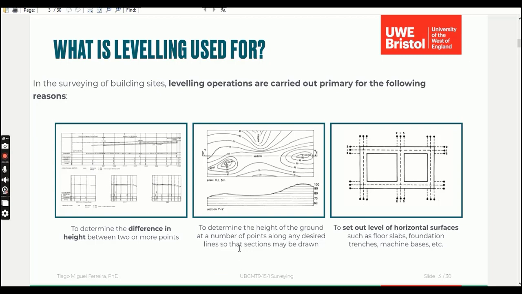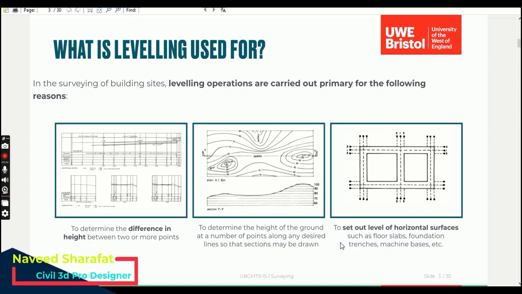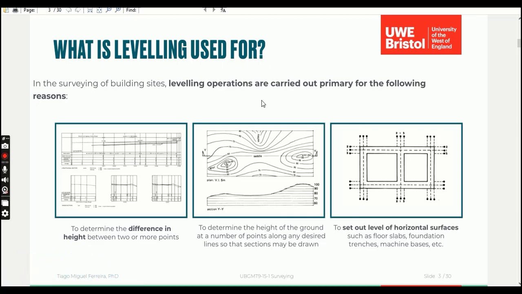The second one, to determine the height of the ground at a number of points along any desired line so that a section may be drawn like this. And the third one, to set out levels of horizontal surfaces such as floors, slabs, foundations, trenches, machines, and passages in building surveying work.